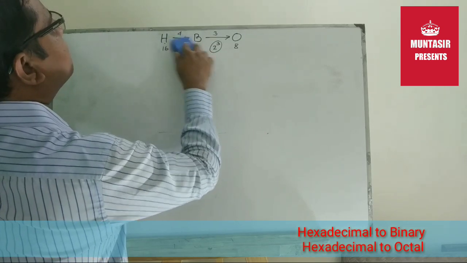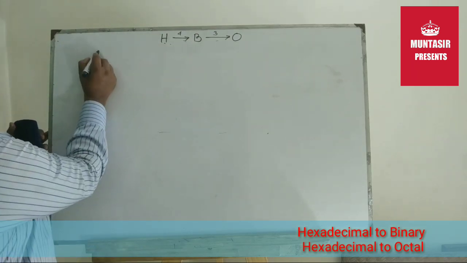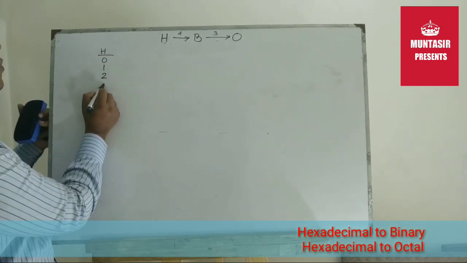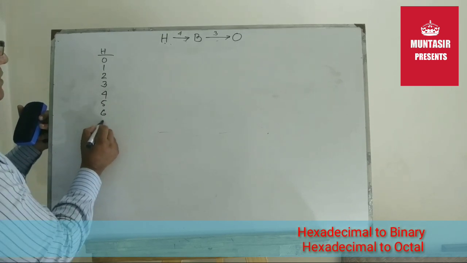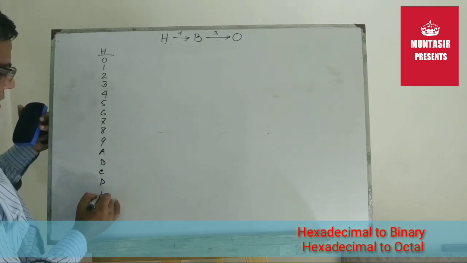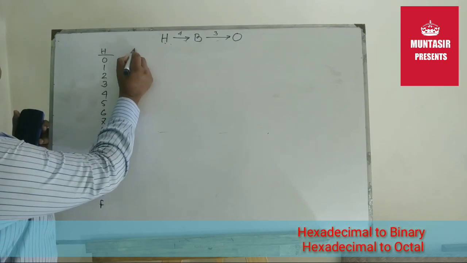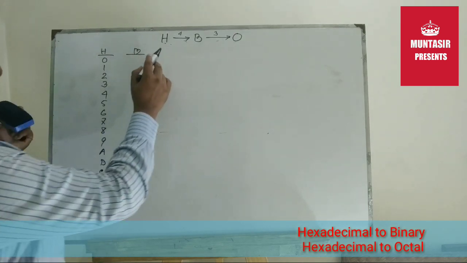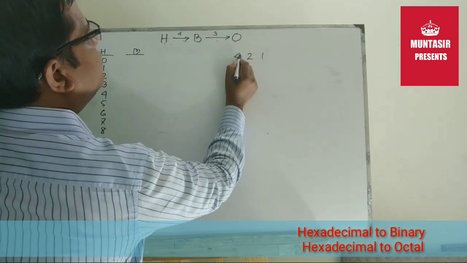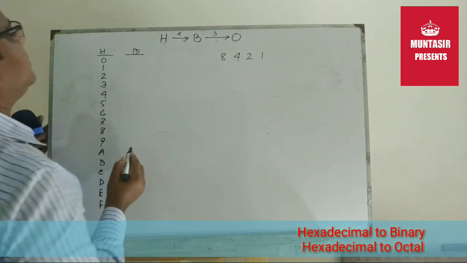Now we know the 16 digits of hexadecimal are 0, 1, 2, 3, 4, 5, 6, 7, 8, 9, A, B, C, D, E, F. The equivalent binary: for hexadecimal to binary we use 4 bits. 4 bits means 1, 2, 4, 8, that is 2 to the power 0, 2 to the power 1, 2 to the power 2, 2 to the power 3.